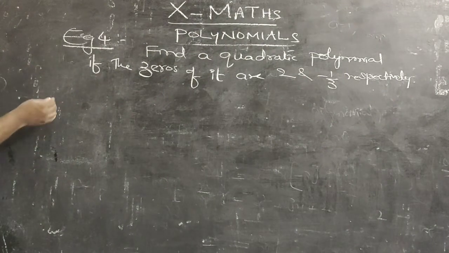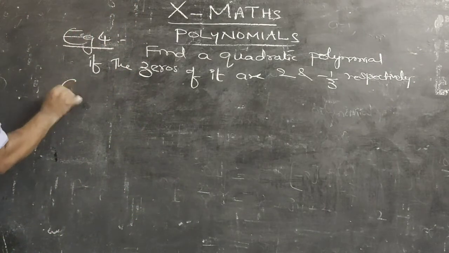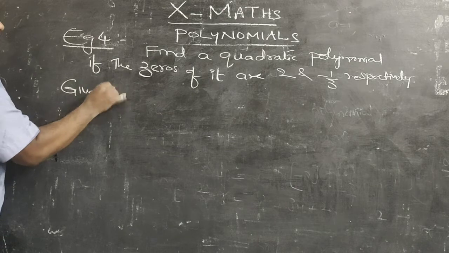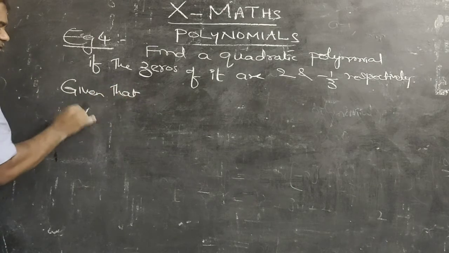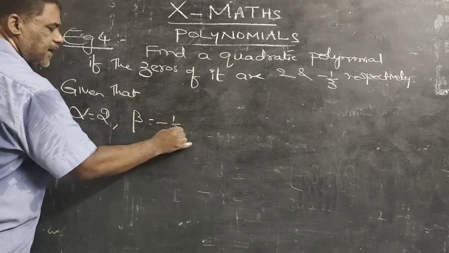In the previous problem, the sum of the zeros and product of the zeros were given. Now here the zeros of the polynomial are given. So given that first one is alpha, that is 2, second one is beta, that is minus 1 by 3.